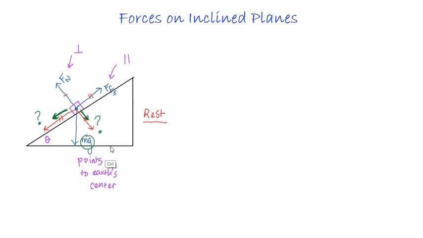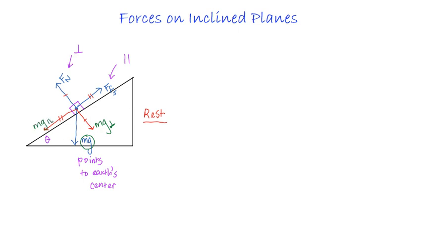So when we look at these two arrows, the red ones that I've drawn over here, we're going to label those components of the force weight. So I'm going to write in here that this component is going to be called the weight perpendicular component, and this one is the parallel component of the weight.